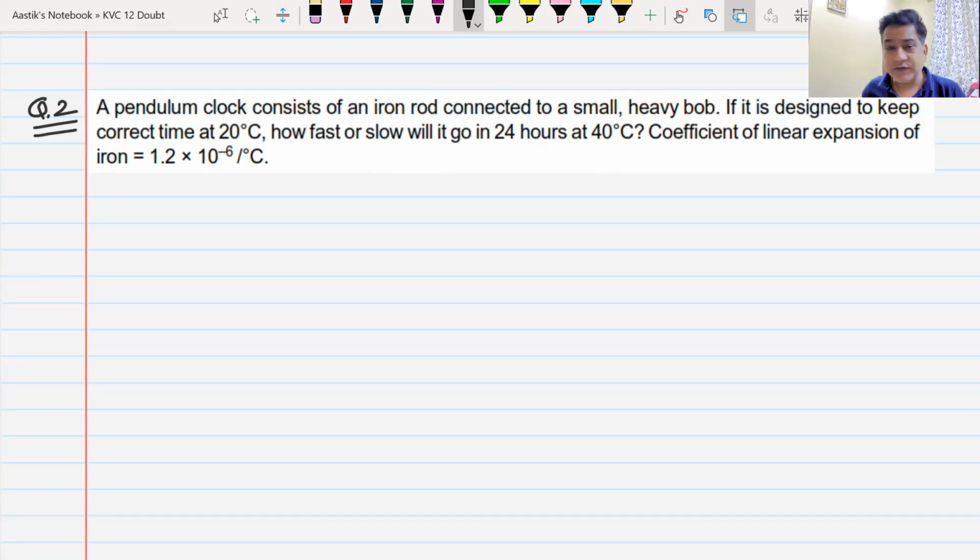When it is 1.1 second, it will count 1 second because the time period has become 1.1 second. Okay, so it will go slow. How slow or how fast does it go in 24 hours? This is what the language of the question is like.